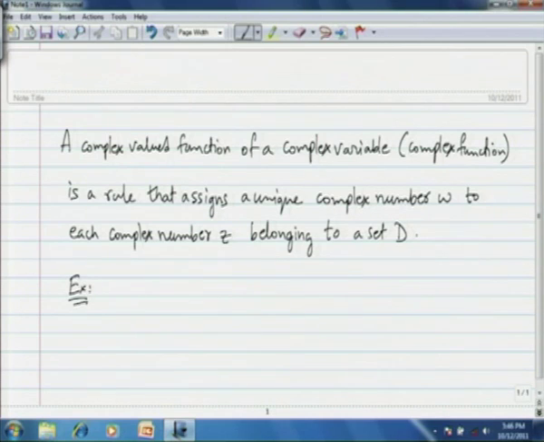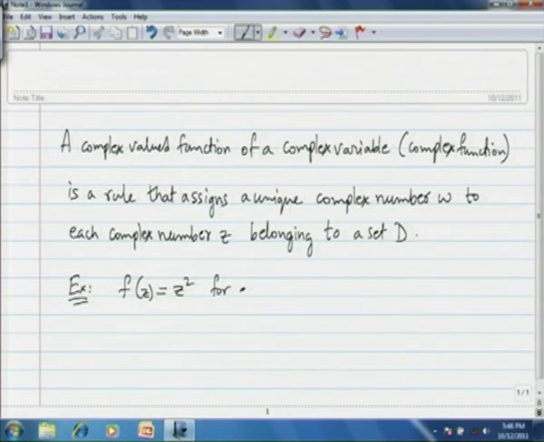So, an example is in order. An example is as follows: f of z. We usually use symbols f, g, h, etc. to denote complex functions. Okay. So, f of z given by z squared for each z in the complex plane is an example of a complex function.